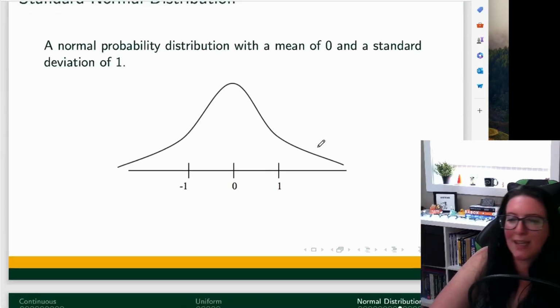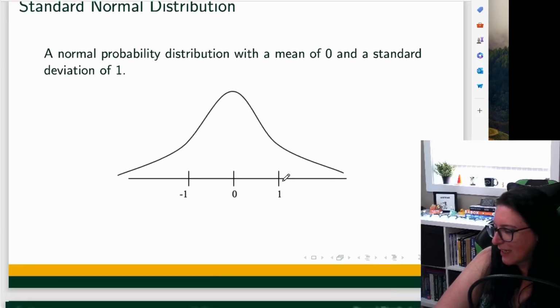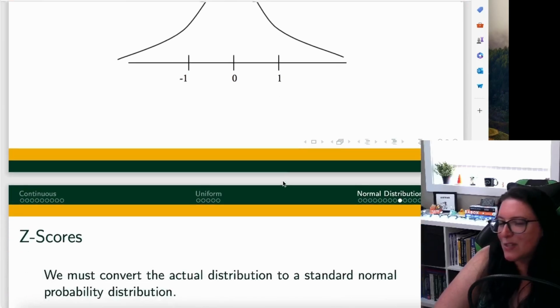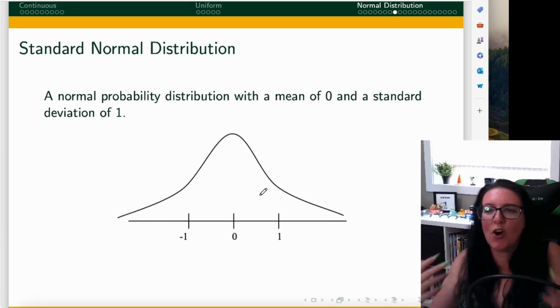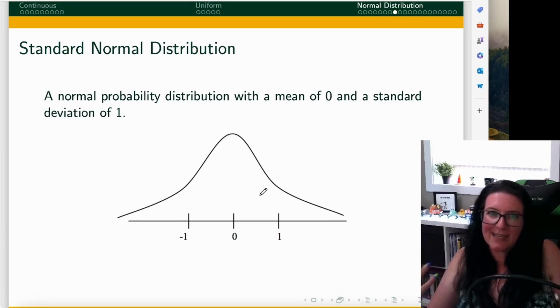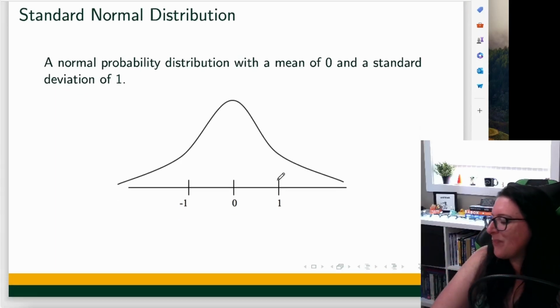And as I said, we're really going to focus on this standard normal distribution where the mean is 0 and our standard deviation is 1. So if we're going to standardize our distribution, then we need to be able to use what we call z-scores, or zed-scores if you're in Canada, z-scores if you're in the States.